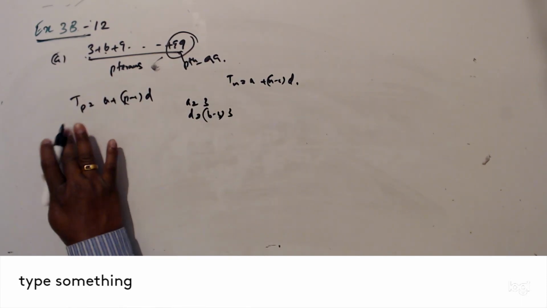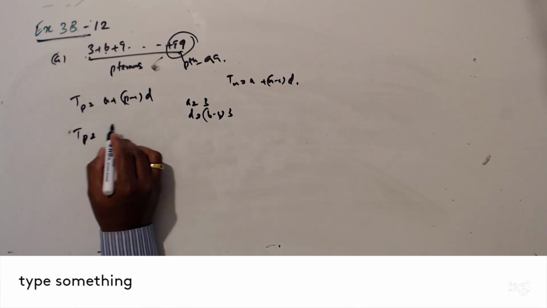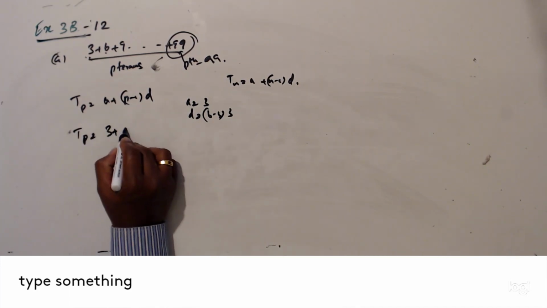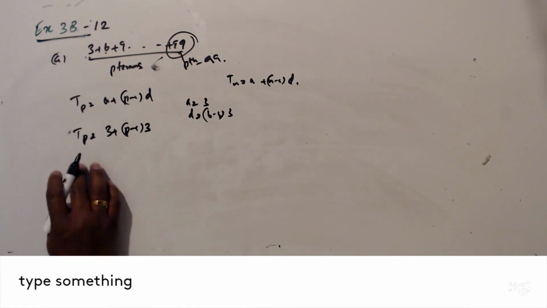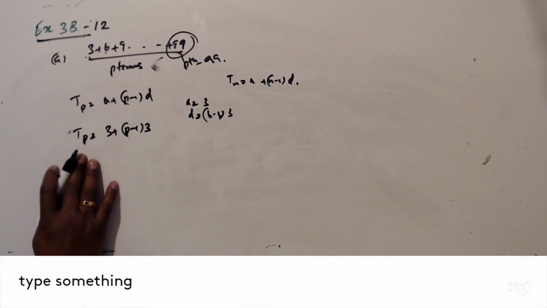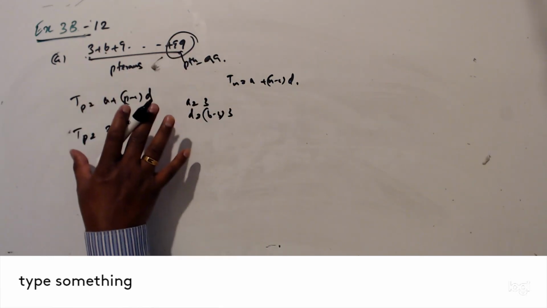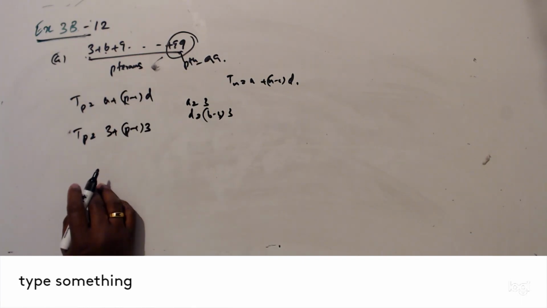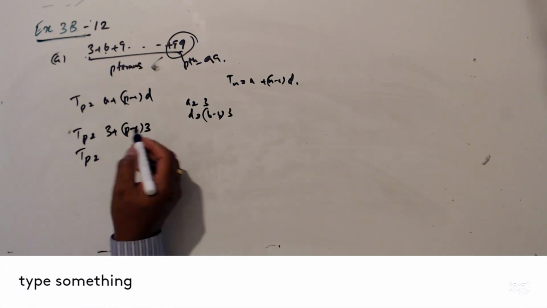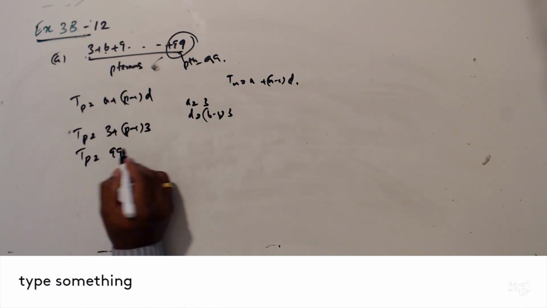So we apply here: Tp equals 3 plus p minus 1 times 3. Our plan is to find how many terms there are, then we can simplify, and the pth term we know is 99.